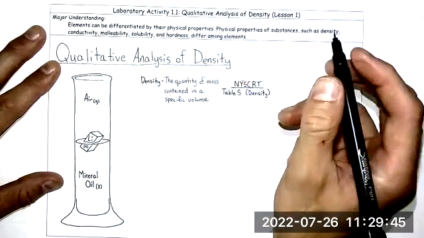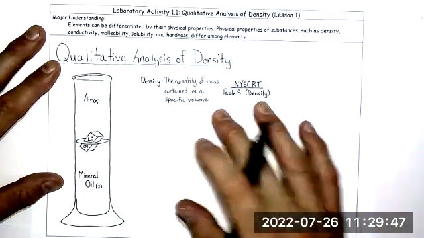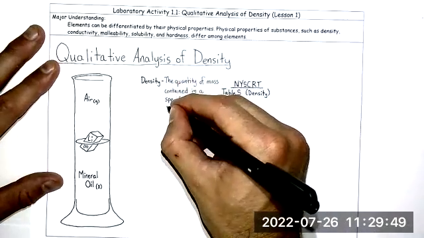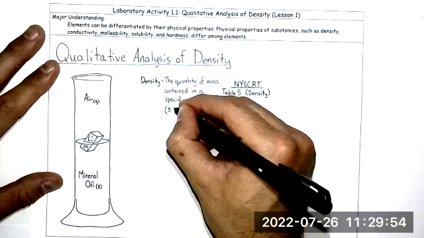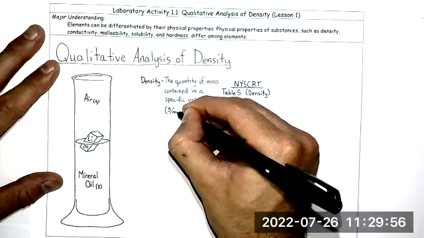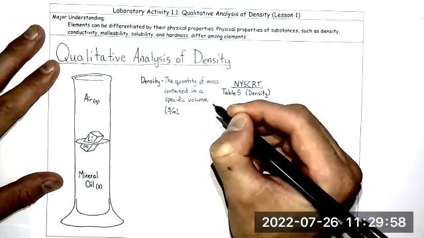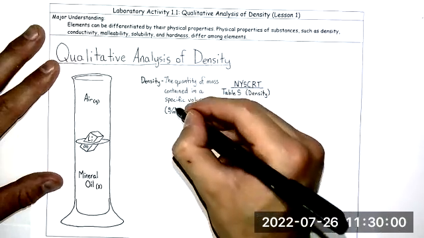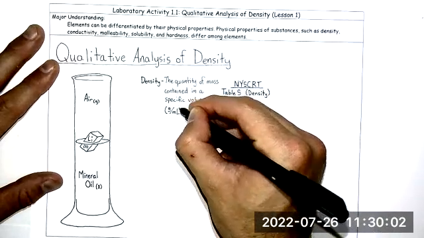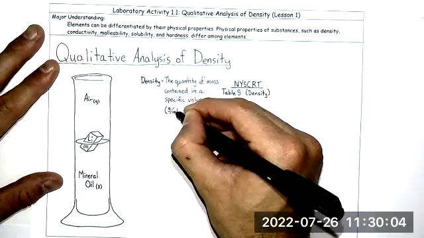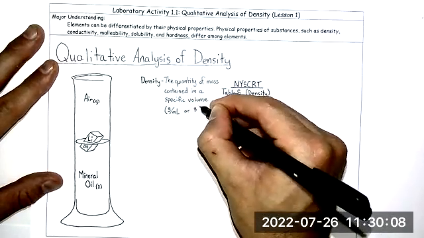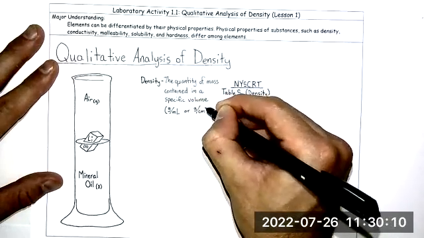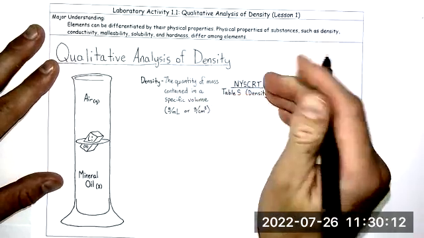The units we're going to use for density are grams to represent mass, and milliliters or centimeters cubed to represent volume. So the amount of mass in grams contained within 1 milliliter, or the amount of mass in grams contained in 1 centimeter cubed space.